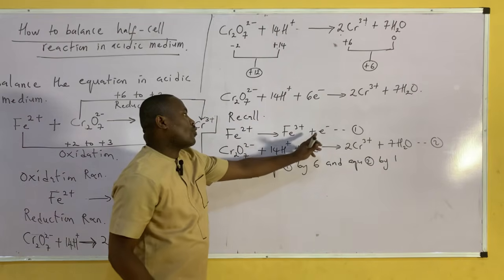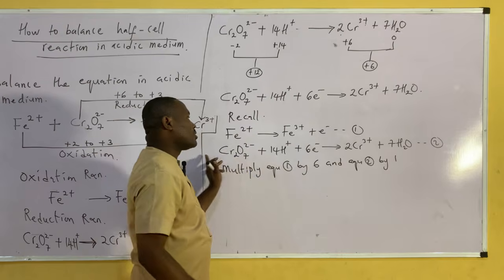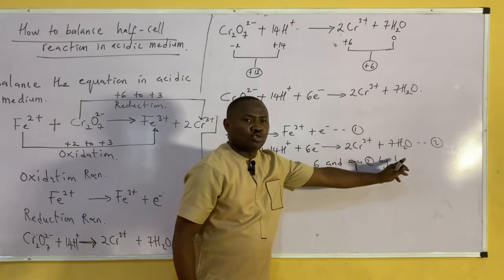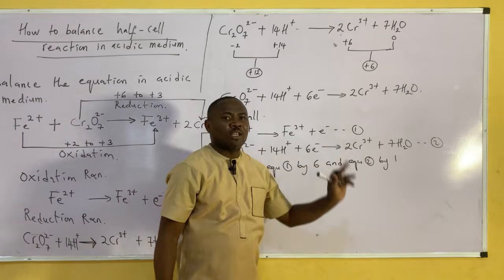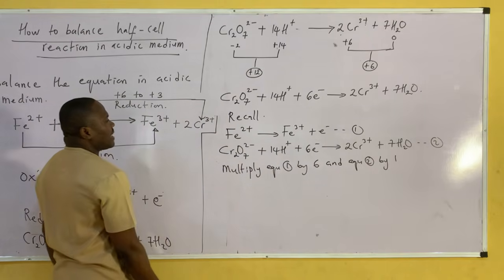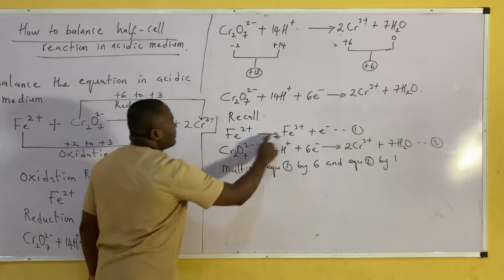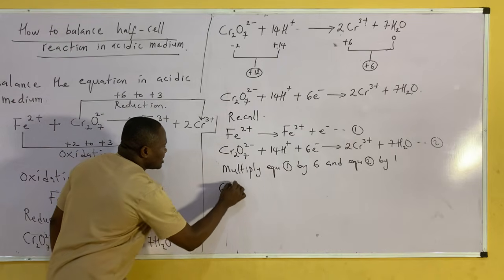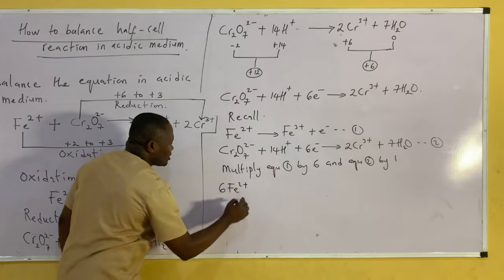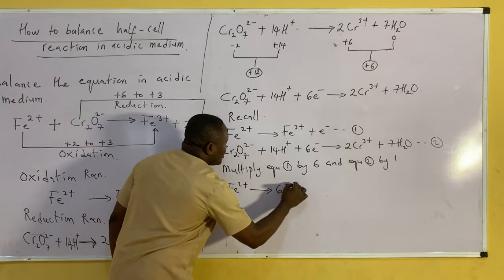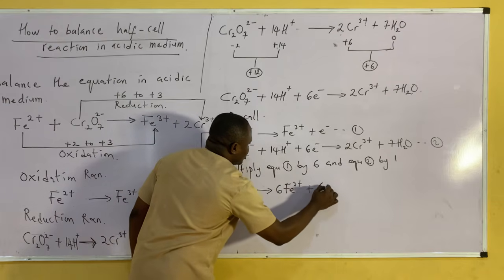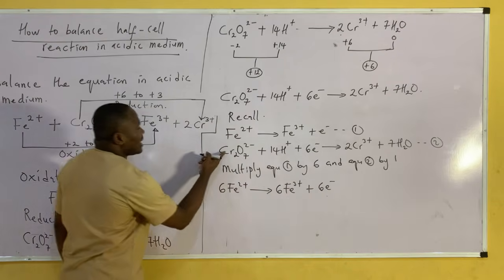Since I have one electron here, I will use 1 to multiply everything in equation 2, and I will use 6 to multiply everything in equation 1. So what will I now have? 6 times everything here will be 6Fe2+ to give us 6Fe3+ plus 6 electrons.